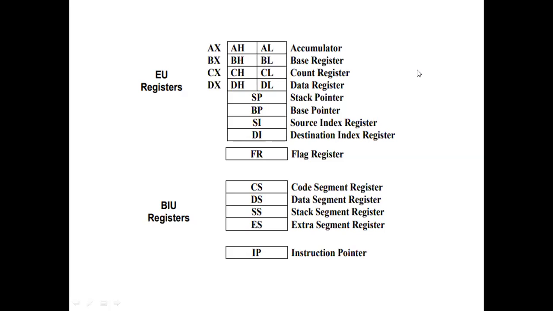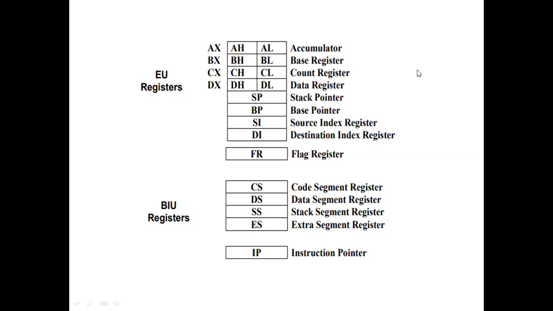We store data in the data segment, and the code segment is where the codes are stored. And the next one is the extra segment, that is used as another data segment of the memory, for any extra work we need to do.